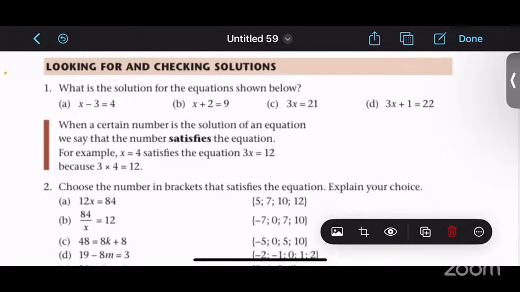So basically, it's more like you're solving for the unknown, right? For the first one, they say x minus 3 is equal to 4. Before you attempt the question, ask yourself, what is it that I can minus 3 from and get a positive 4?